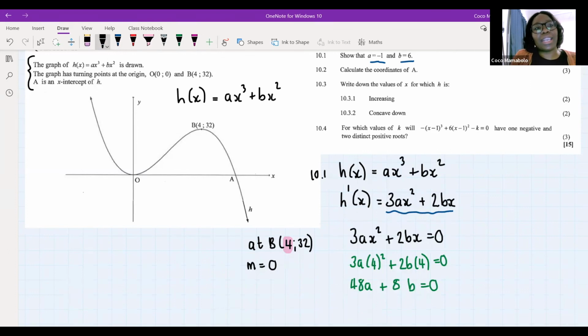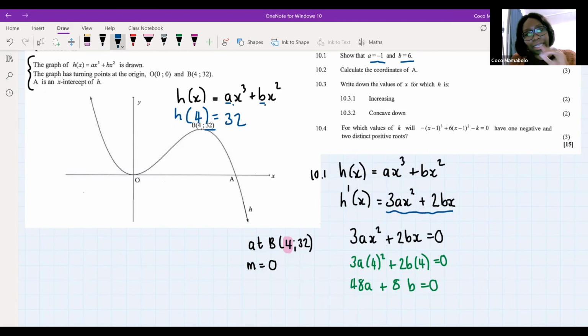And I've said that if I sub 4 in, if I take h of 4, it doesn't matter what a and b are. My answer for that should give me my y value, because that's how I get the two coordinates. My x value will give me my y value. So if I sub h of 4 in here, it doesn't matter what a and b are, the answer that I should get out should be 32.